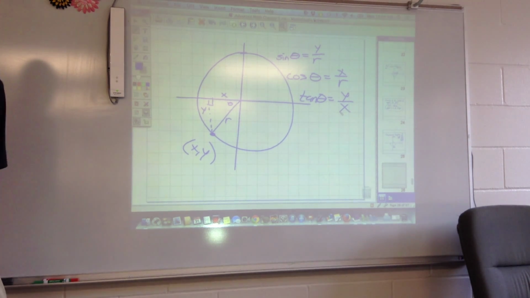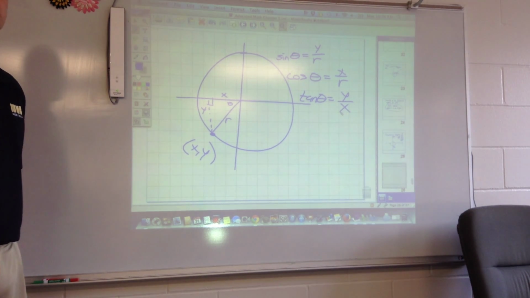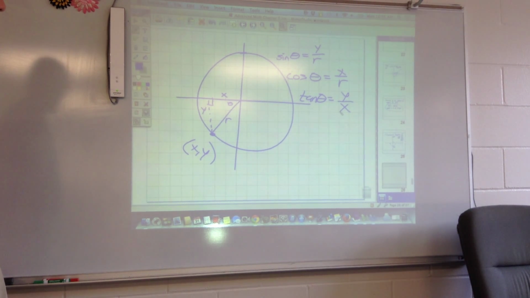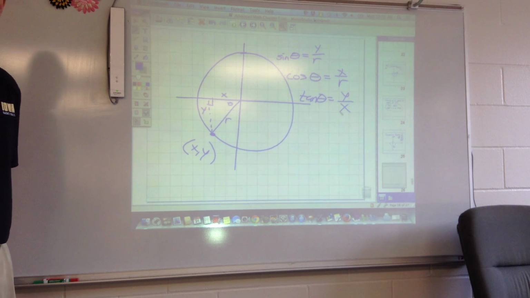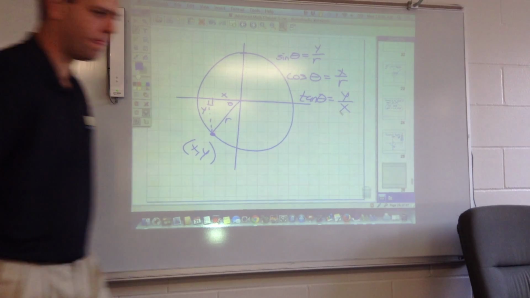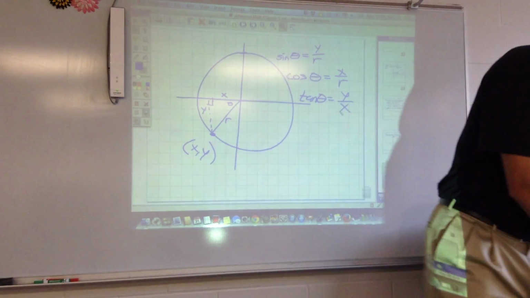So the opposite of your reference angle would actually be sine, the opposite of your reference angle over the hypotenuse. The side opposite the reference angle over the hypotenuse. Yep. Alright, so just a little review on that.